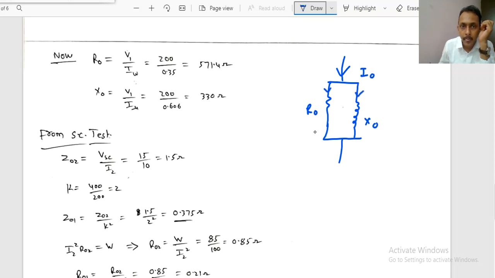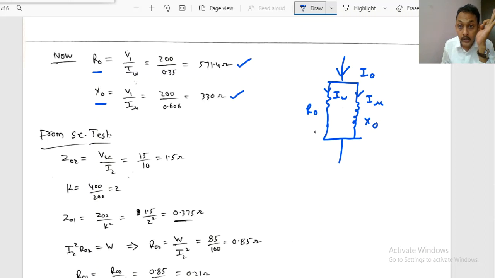This is IW working component, and this is I mu magnetizing component. Now R naught is obtained by V1 divided by IW. It is simply 571.4 ohms. X naught is V1 divided by I mu, 200 divided by 0.606, it is 330 ohms, right?